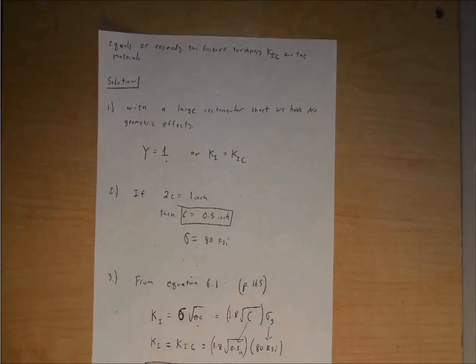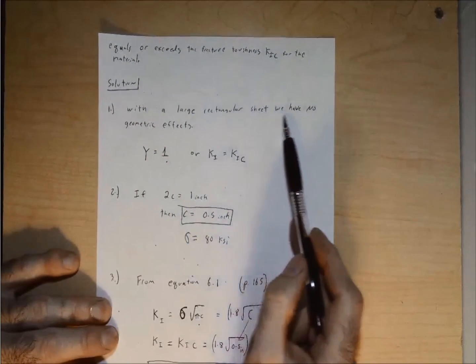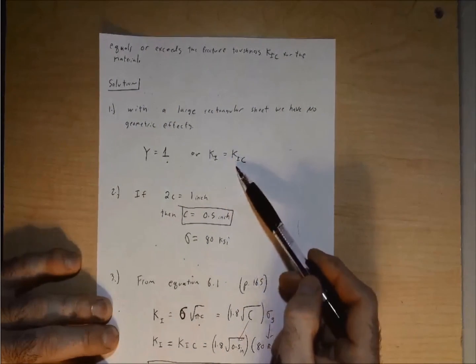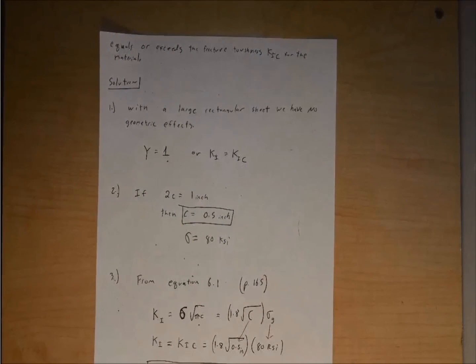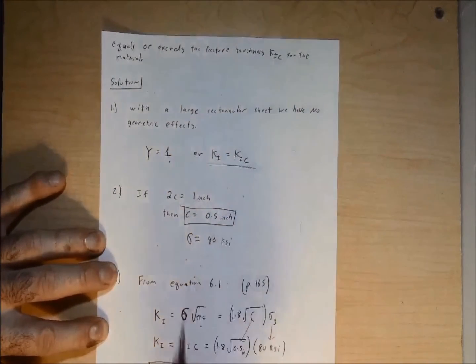So as we start the solution to this problem here, what we want to do, taking some of these assumptions into account, so for a large rectangular sheet, we have no geometric effects. So Ki is equal to KIC, and where this comes into play is equation 6.1 and 6.2 in our textbook. So we have this assumption here. So we know that these two guys are equal.